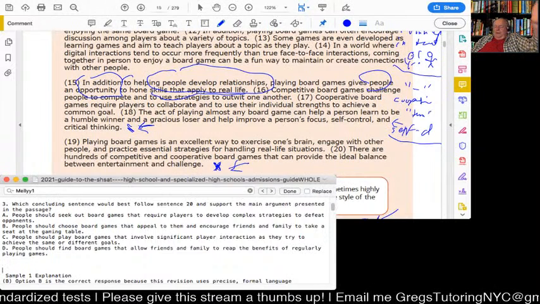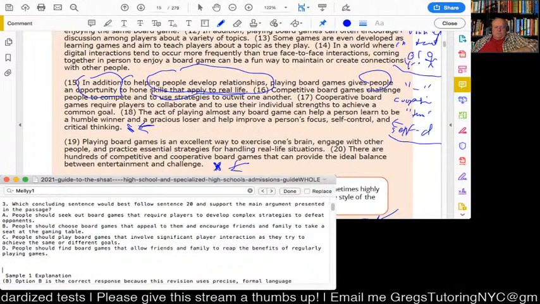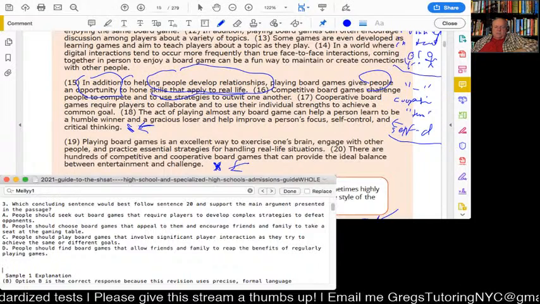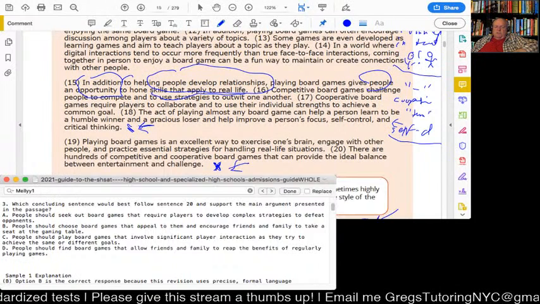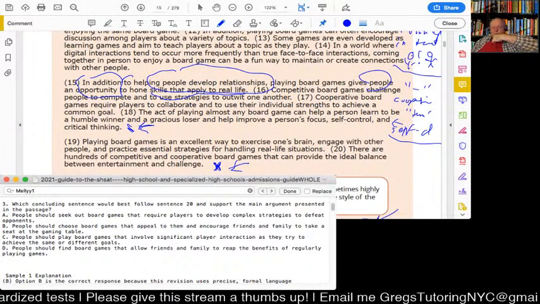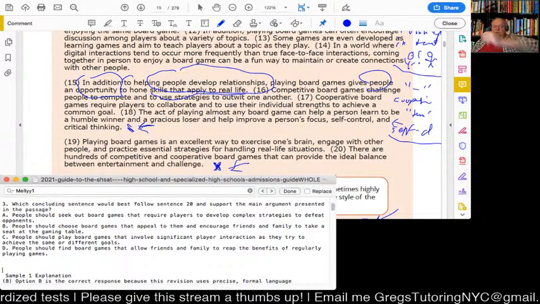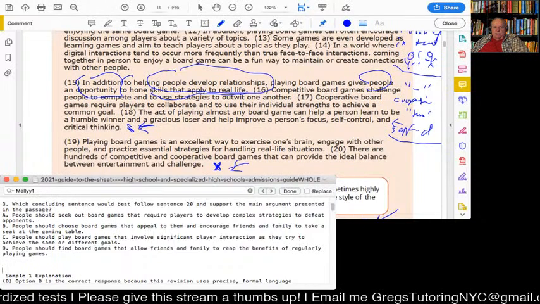Okay. And then we can look at D. People should find board games that allow friends and families to reap the benefits of regularly playing games. Okay, that sounds good too. So far we threw out A and C, and we're going to choose between B and D. Let me highlight that so it stands out to you.